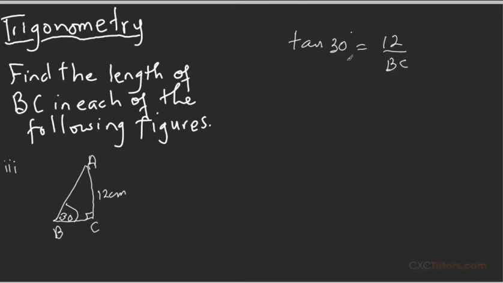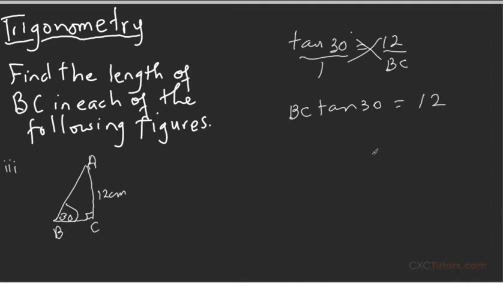Remember, you can always do this, and then you do your cross multiplication. So we have BC tan 30, so that's when we find the product of tan 30 and BC. We get BC tan 30 is equal to 1 times 12, and that is 12.